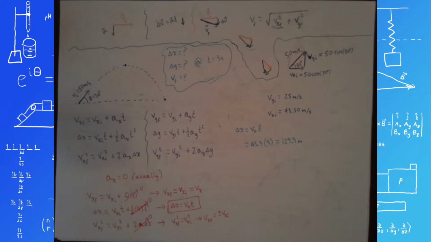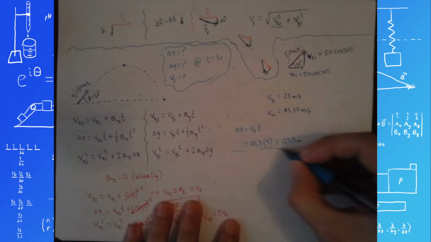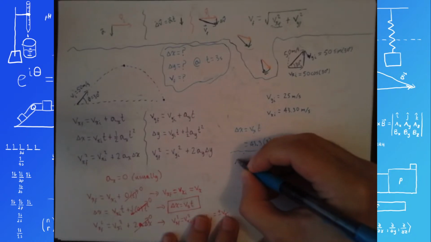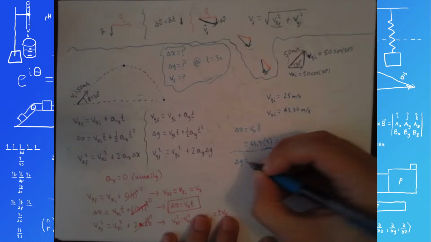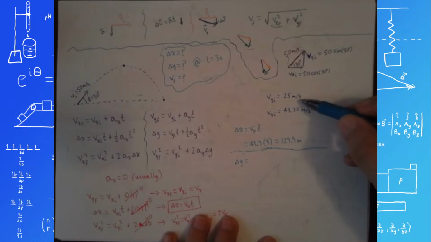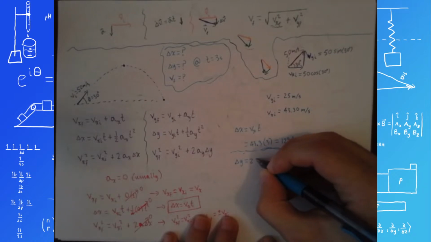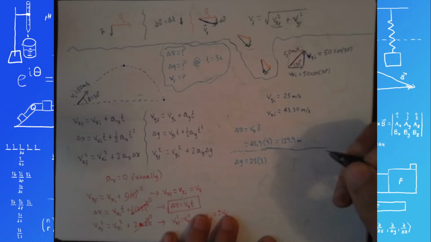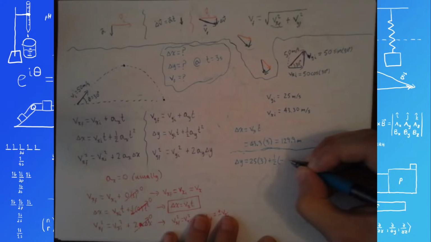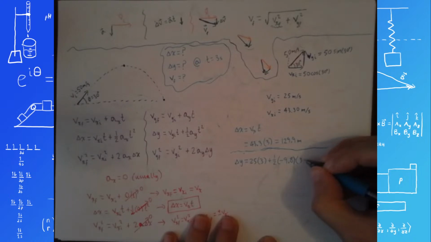Okay, now we get to the more difficult part. What is delta y? It's only more difficult because there's more terms to throw in, but we already have all the information we need. We have Vy initial, that was positive 25, times t, which is 3, plus 1/2, the acceleration in y is just negative g, negative 9.8, times t squared, times 3 squared.